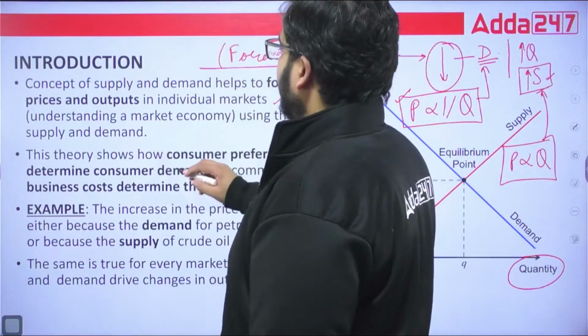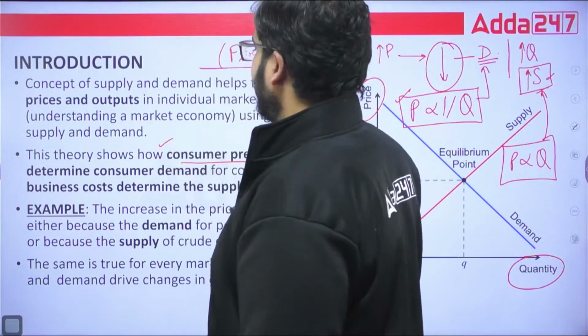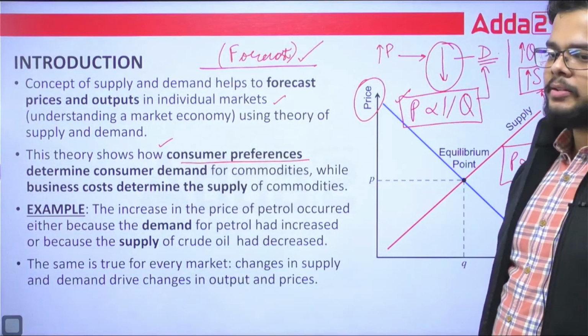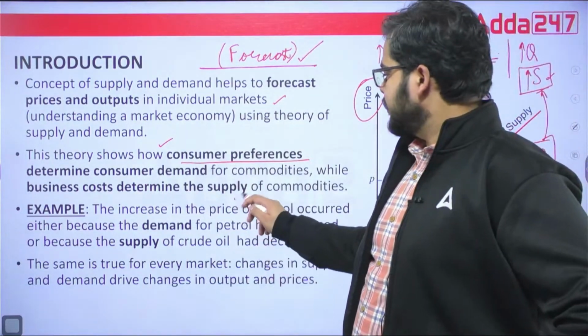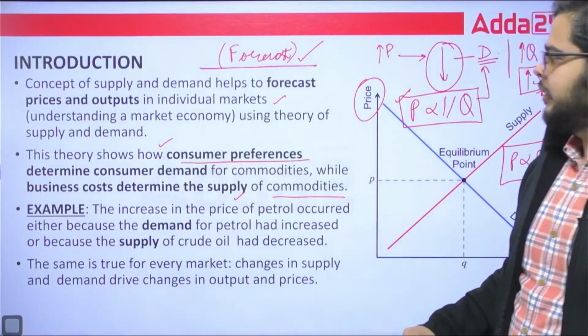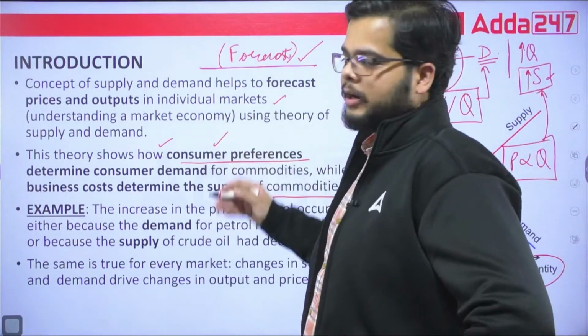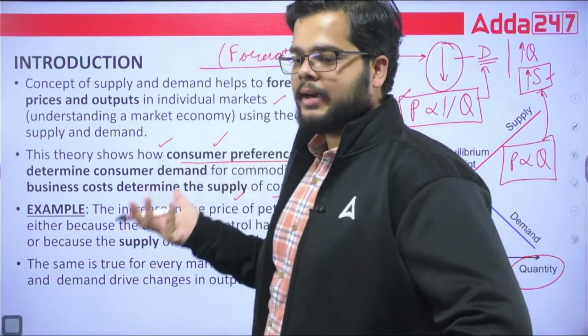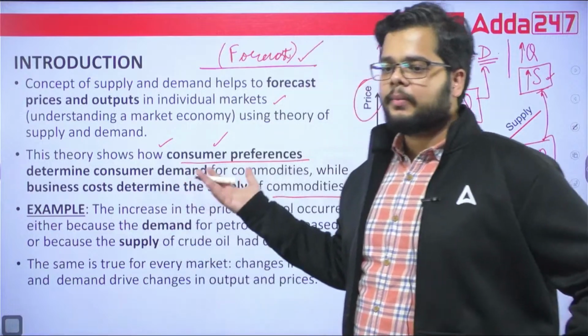Now this theory shows how consumer preferences determine the consumer demand for commodities, while business costs determine the supply of commodities. Consumers will determine what? Consumers will determine the demand. Whatever demand is created in the market, who creates it? The consumers.